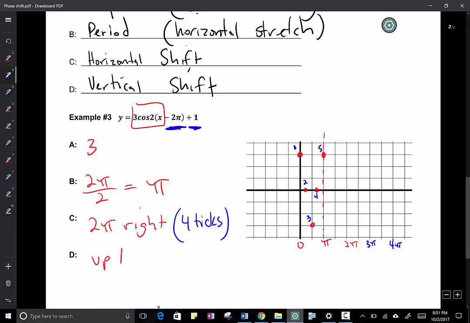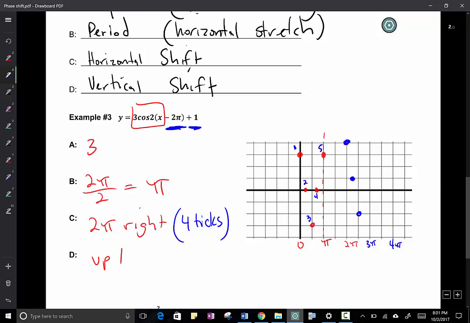And I'm going to move them 4 to the right and then 1 up to get my shifts. So 1, 2, 3, 4, 1 up. I'll move to point 2. 1, 2, 3, 4, and 1 up. Move to point 3. 1, 2, 3, 4, 1 up. Point 4. 1, 2, 3, 4, 1 up.